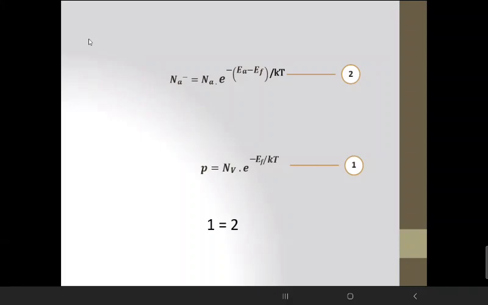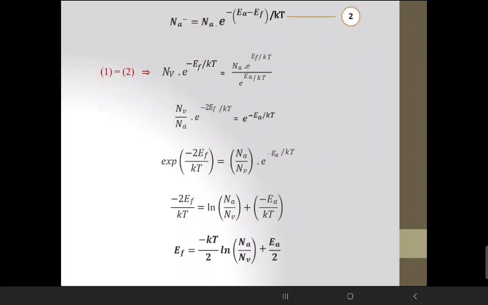Okay, wait dear, we will check it. The answer: Na minus equals Na into exponential of minus EA minus EF over KT. So Nv into exponential of minus EF over KT is equal to this. When you do it further, you will get Nv over Na equals exponential of minus 2EF over KT times exponential of minus EA over KT.